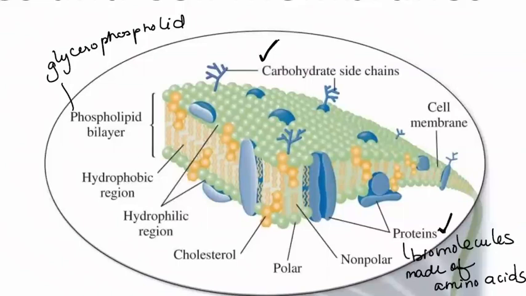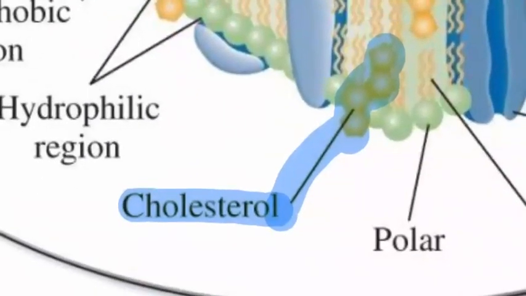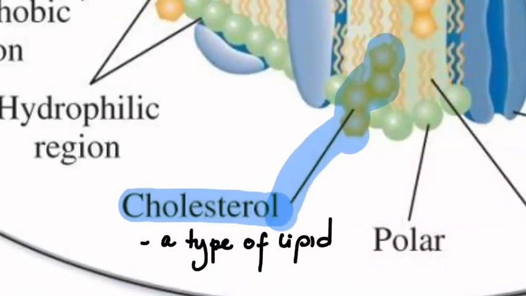Lastly, we also have another type of lipid, which you can see here. Let me just highlight it for you. Cholesterol, which is going to be this structure right here that I highlighted in blue, is a type of lipid, okay?